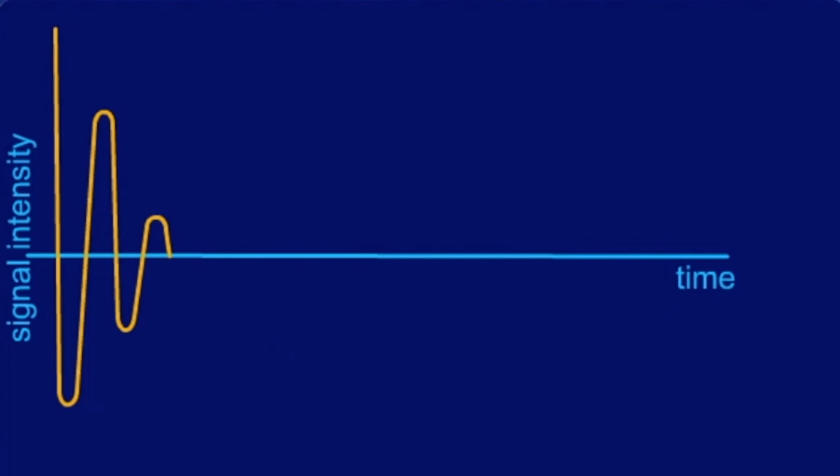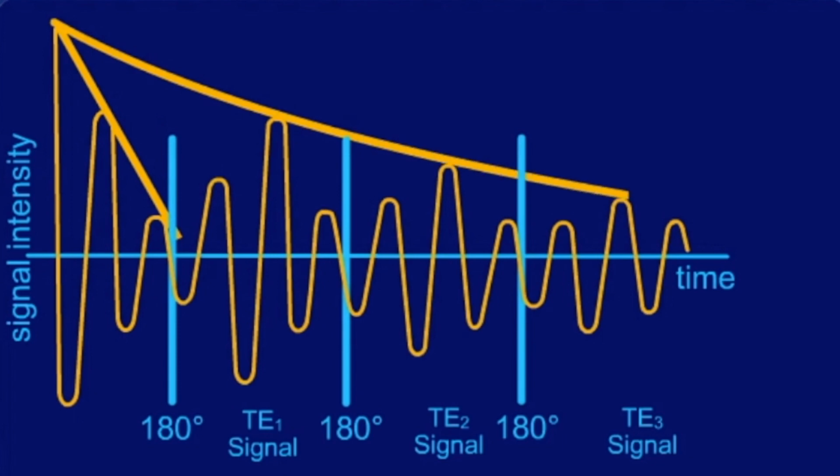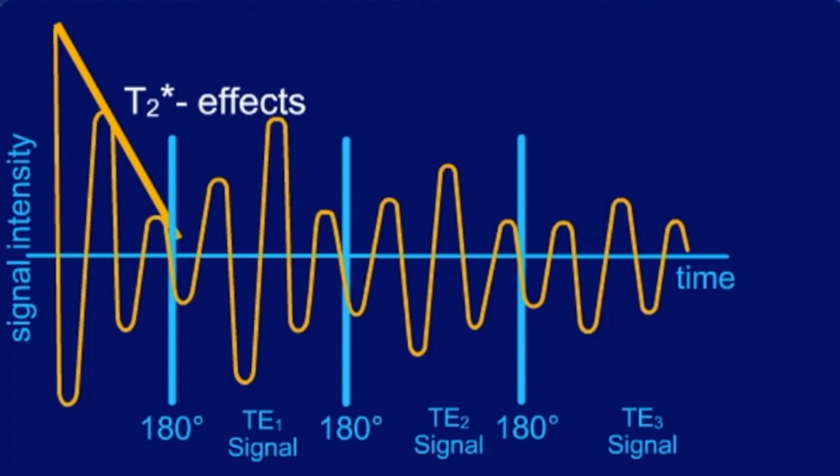The transversal relaxation time will be shorter. A curve describing the signal intensity in that case is the T2 star curve. The star distinguishes this shorter transversal relaxation time from the T2 after the 180-degree pulse, which we've already talked about. The corresponding effects are named T2 star effects.